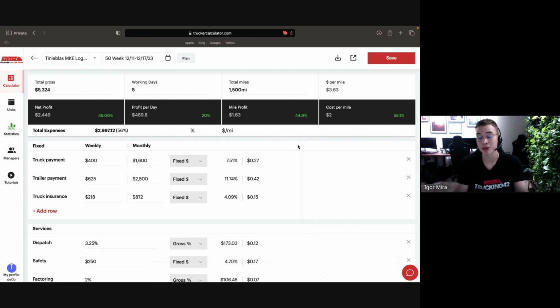Most people prefer to do monthly calculations, but it is way better to do weekly calculations, simply because you will notice problems sooner. If, for example, something goes wrong with the fuel expense and the cost per mile goes way higher than it's supposed to, in the first week of the month you will be able to notice the mistake and fix it faster, so you will lose way less money.